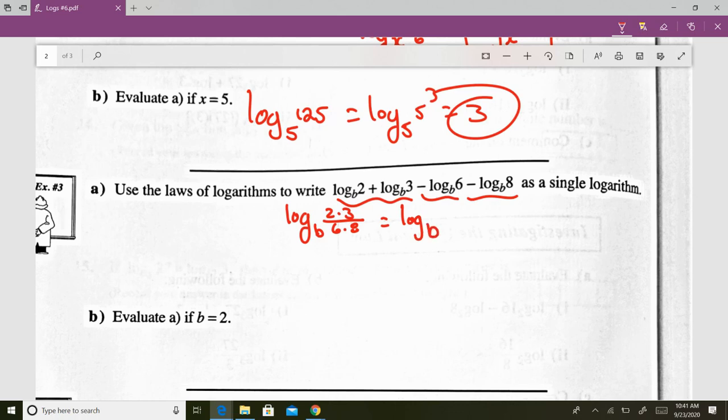If you cancel everything up top, what's left? 1 over 8. Is that okay?